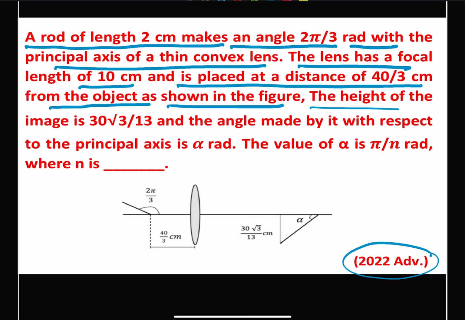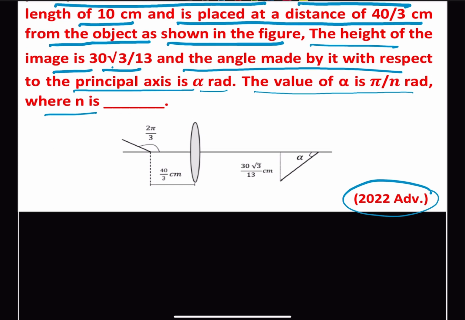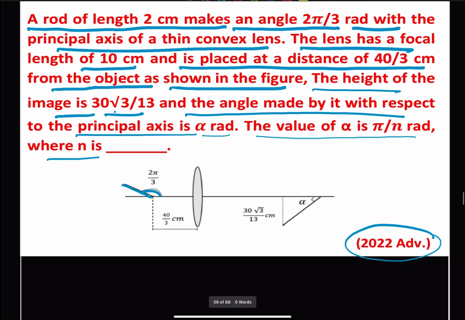The height of the image is 30 square root of 3 divided by 13, and the angle made by it with respect to the principal axis is alpha radian. The value of alpha is pi upon n radian, where n is equal to? So we are given the basic figure. We have an object at a certain angle with respect to the principal axis, and a convex lens is placed.